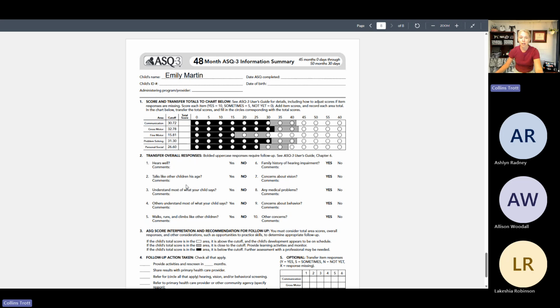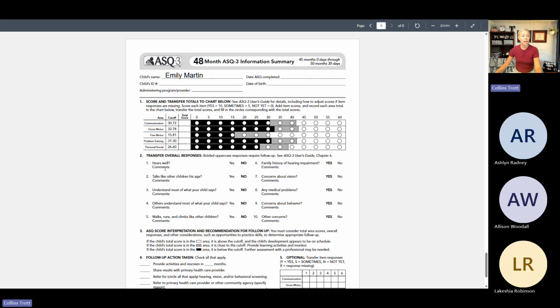Communication is right there at that 30. Gross motor, that's in our white, so that one's fine. Fine motor, that one is in the white as well, so that one's fine. Problem solving is in that gray area, so it's in that monitoring area. And then the personal social is also in that gray area. So we do have some things that we might want to do some follow up with.